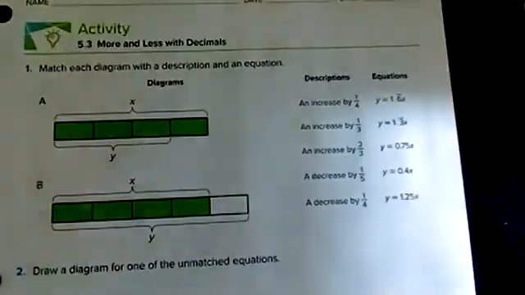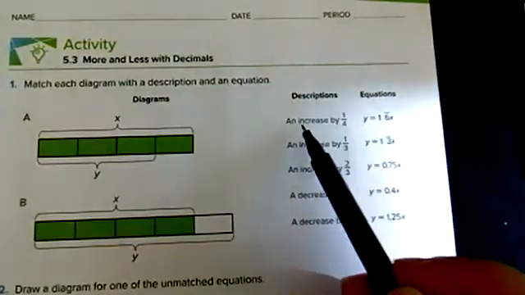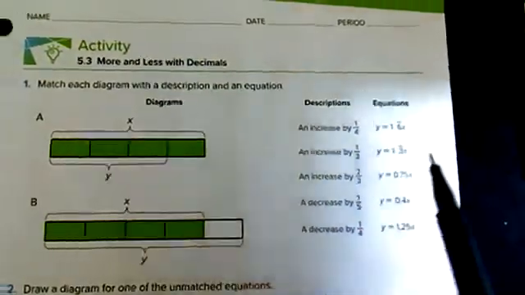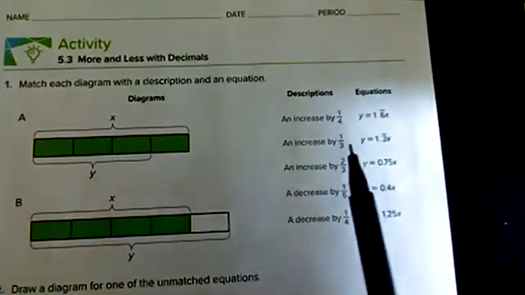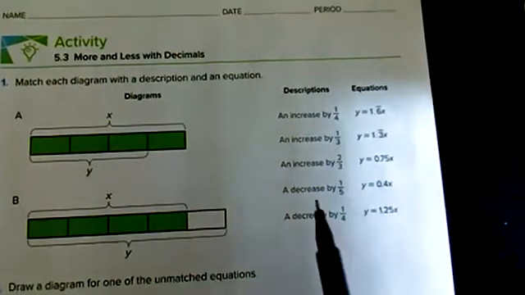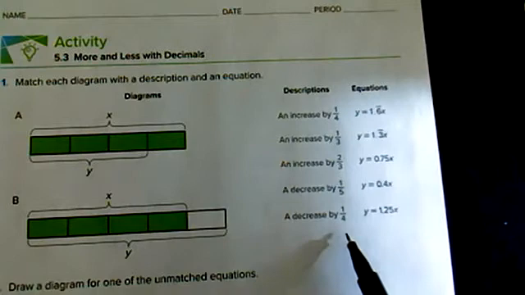Okay, what we're going to move on to now is page 275. And it says match each diagram with a description and an equation. So the descriptions are an increase by 1/4, an increase by 1/3, an increase by 2/3, and a decrease by 1/3, or a decrease by 1/4.